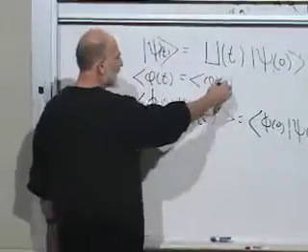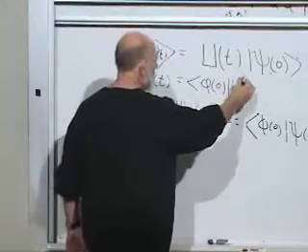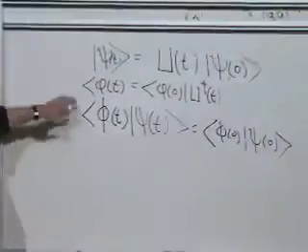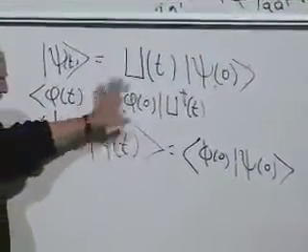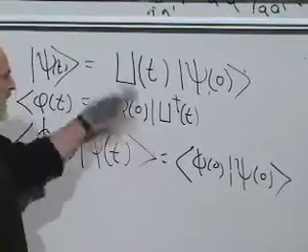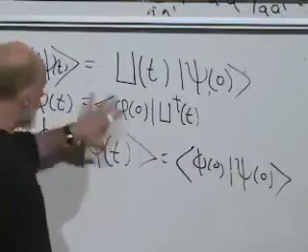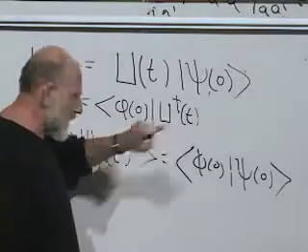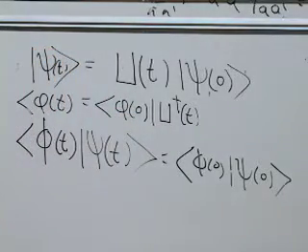Shall I write u here? U dagger, the Hermitian conjugate. Remember, when you complex conjugate an expression, you'll have to put in the Hermitian conjugate here.